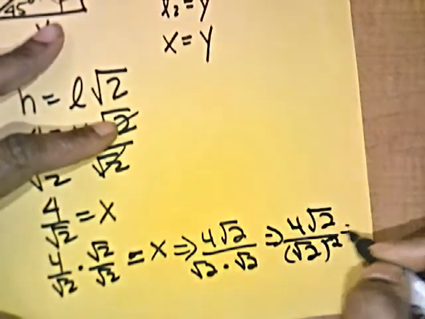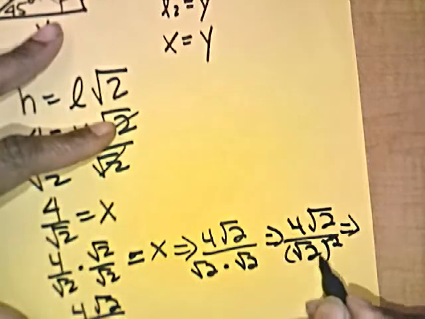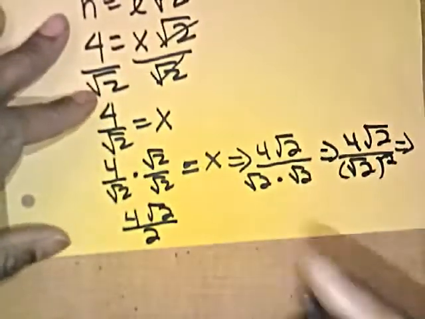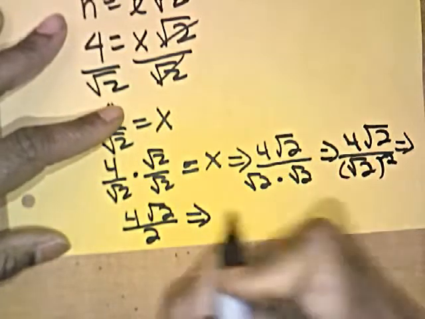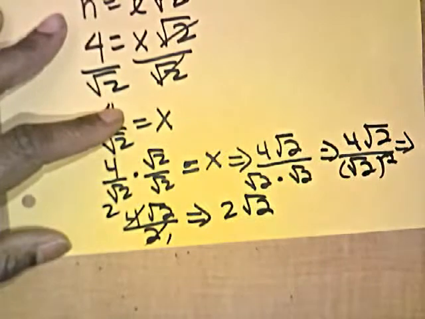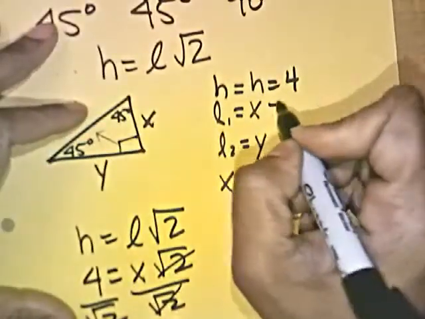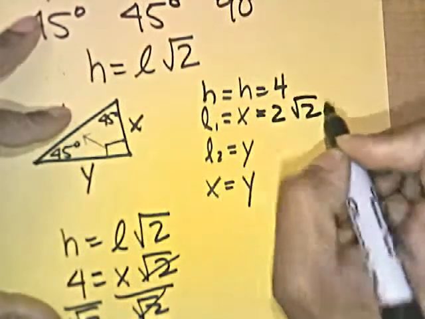Okay? And that leads to 4 square root of 2 all over 2, because the square root of 2 squared is 2. Okay? I'm not done yet. That cancels, 2 square root of 2. So x is equal to 2 square root of 2.